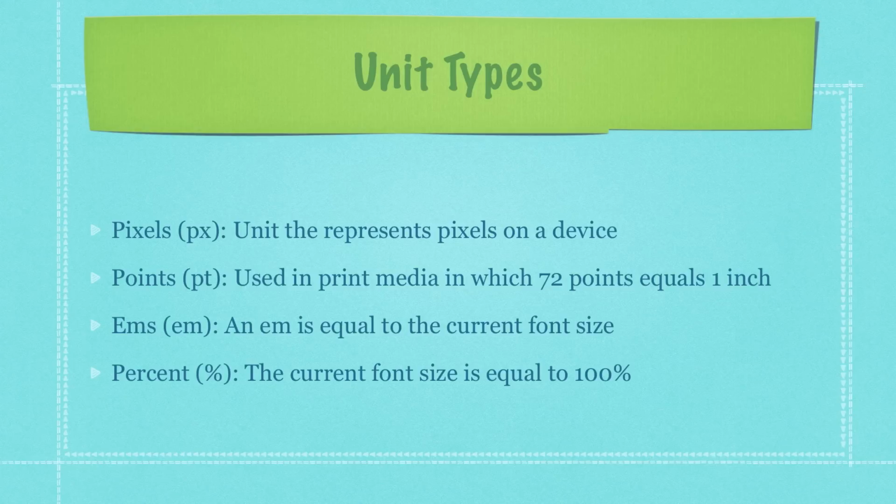You're going to see points all the time with fonts. EM is equal to whatever the current font size is for your document. And percent is relative to the current font size being equal to 100%. And as we see these in examples, they're going to make a lot more sense.